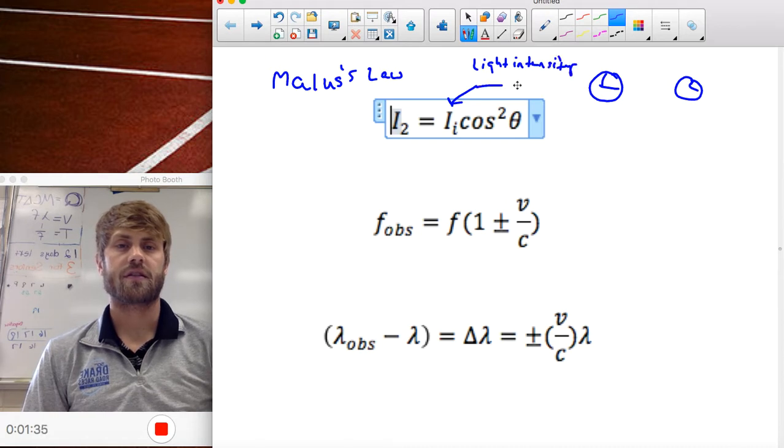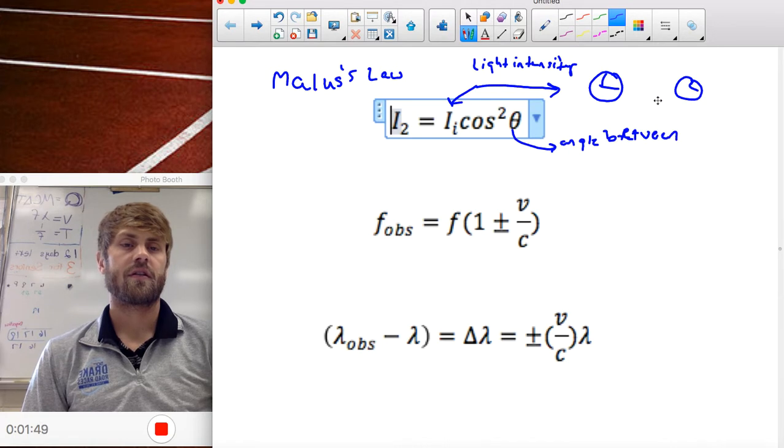So the light intensity after the first filter times cosine squared, and then theta is the angle between these two filters. So the angle between their filters.